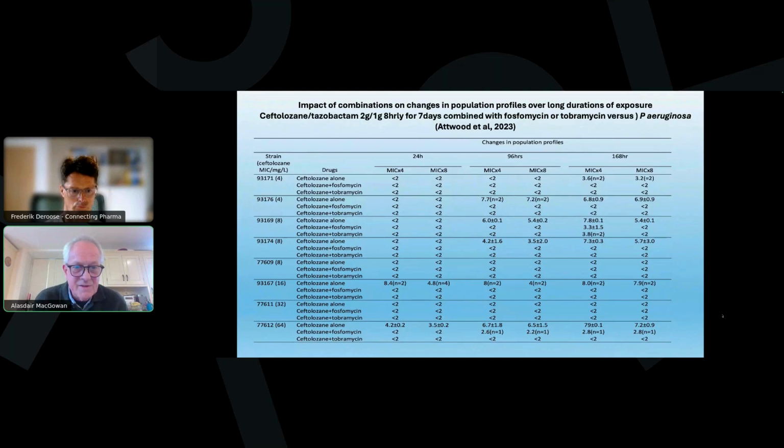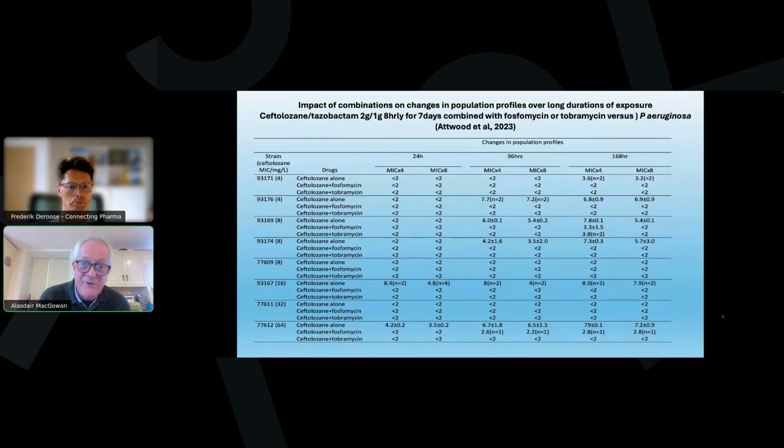These are all strains of Pseudomonas, which are ceftolozane-tazobactam resistant, or at least their MICs are above the breakpoint. And if you just look at the top line of each of these triplicates, that's ceftolozane alone over 7 days, and you'll see that there are counts in those lines for almost all the strains apart from one in the middle, and that really just implies change in population profile.